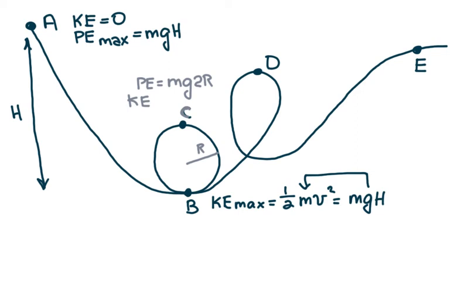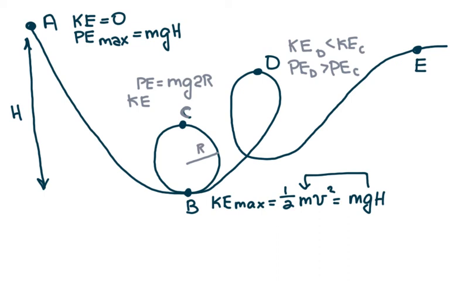So there's going to be some kinetic energy there. The same is going to be true here: the kinetic energy at D is going to be less than the kinetic energy at C because it's higher. So the potential energy at D is going to be greater than the potential energy at C because it is the higher point.